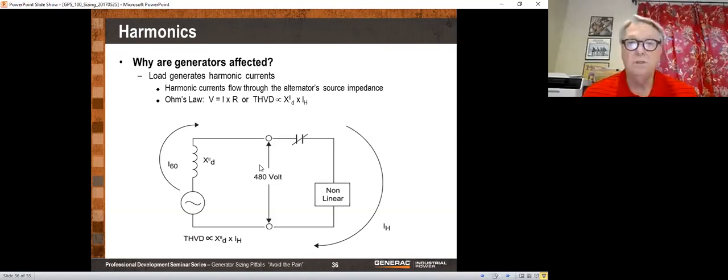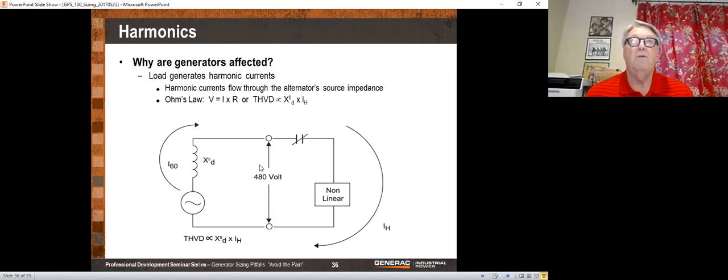But it gets worse than that, and the reason is that the impedance of a typical transformer is around 5%, 5.75%. They do vary, but that's a typical value. Whereas the impedance of a generator is probably more like 13, 14%. So we'll assume the impedance of a generator is about 3 times higher than a transformer.